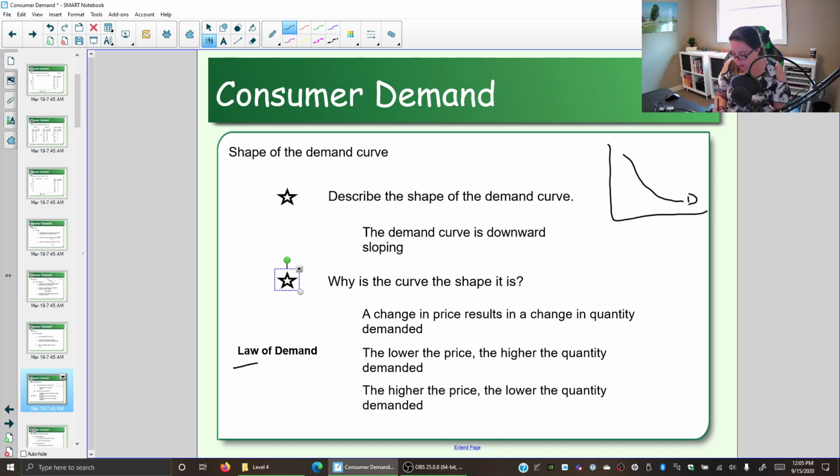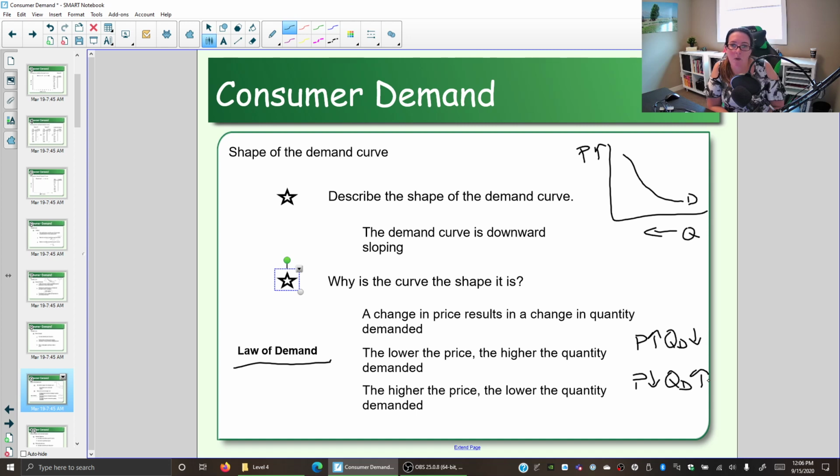Well, this is the law of demand. The law of demand says that when a price goes up, the amount we are willing and able to buy goes down. So price goes up, quantity demanded goes down. And when the price goes down, quantity demanded goes up.